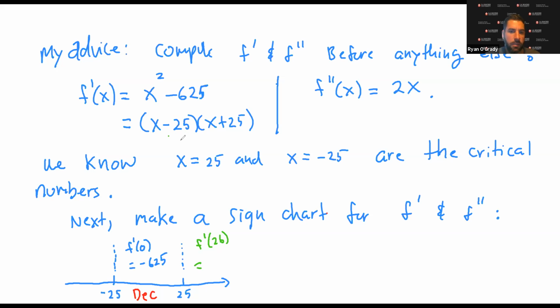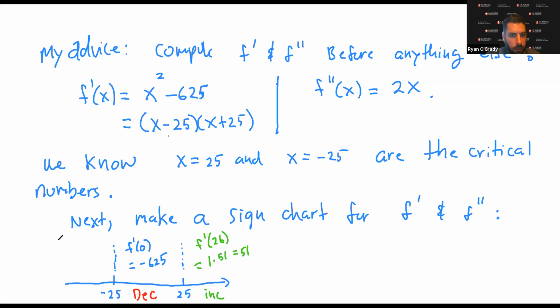When I plug 26 in here, I get 1 times some positive number, 1 times 51, which is clearly positive. And so we know that we're increasing on this interval.